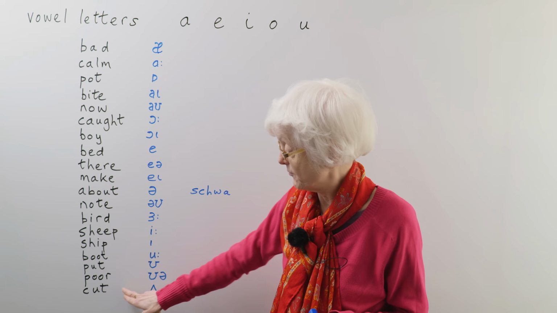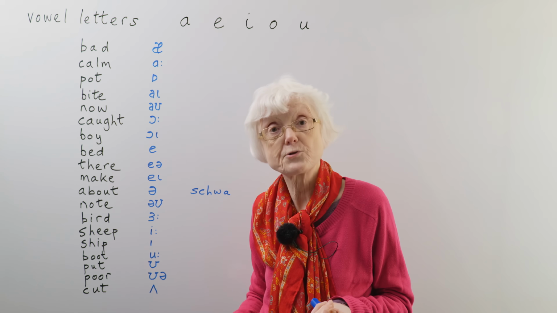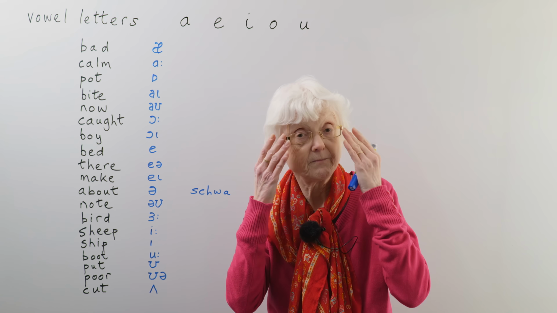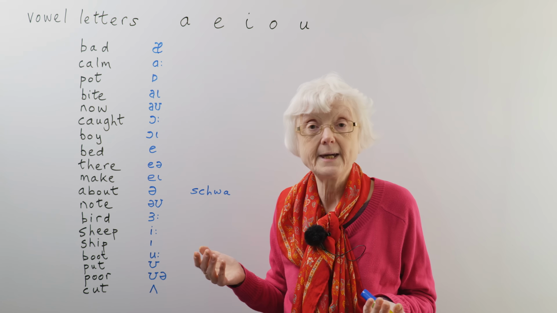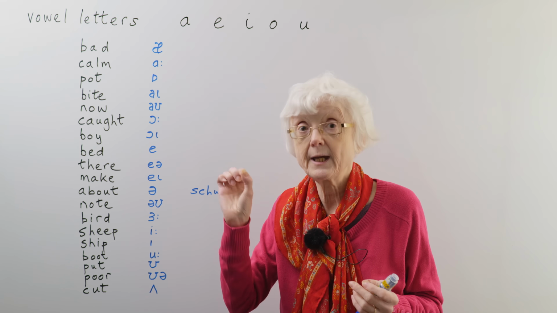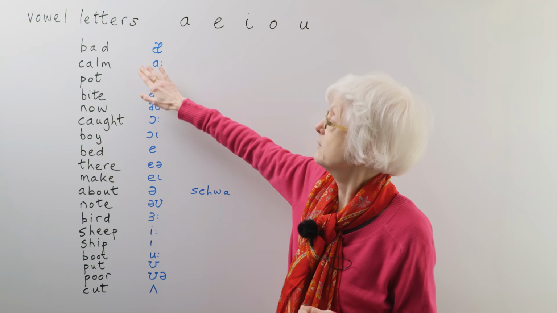So that's the symbol for that one. Cut. Okay, so I'll just run through these words again. I'll just say them in a natural, simple, normal way, just for you to hear the vowel sounds. Listen out, see if you can hear the differences between them all. Okay, so here we go.